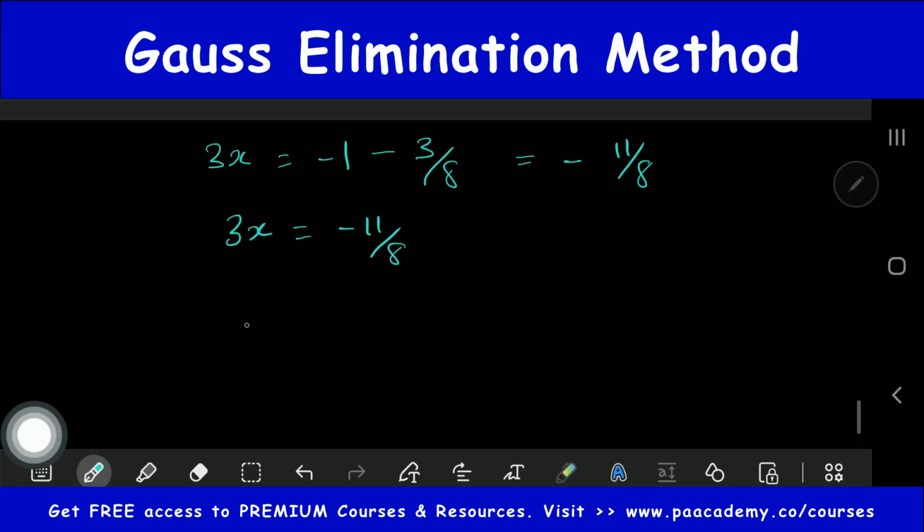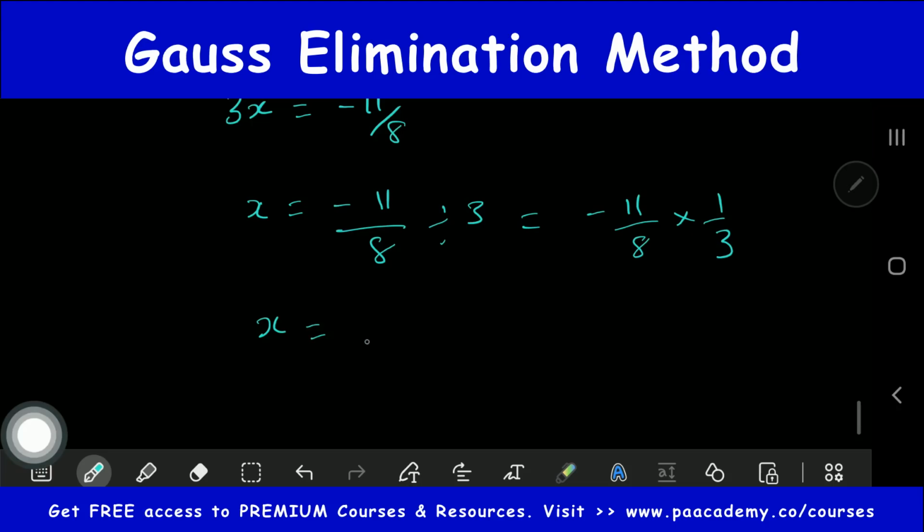So if you do that, we are going to be having x equals minus 11 over 8 divided by 3, and that's the same as minus 11 over 8 times 1 over 3. So with that, we are having our x to be minus 11 over 24.